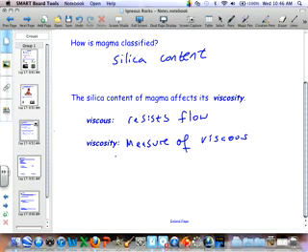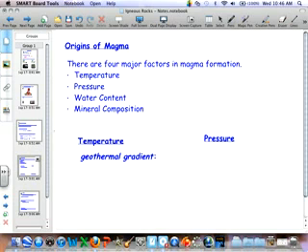Now we have some other things about magma to consider, and that's these four concepts. The temperature of the magma determines the type of rock, the pressure at which the magma is being kept, the amount of water. Now this is interesting. Does water increase or decrease the temperature at which something melts?